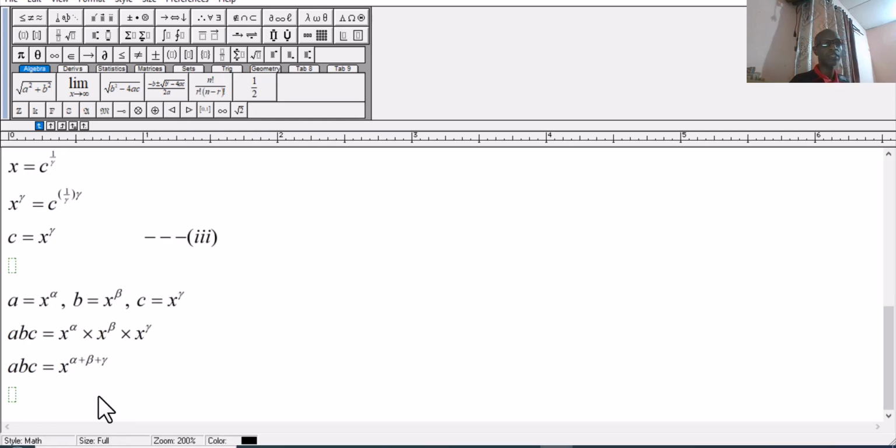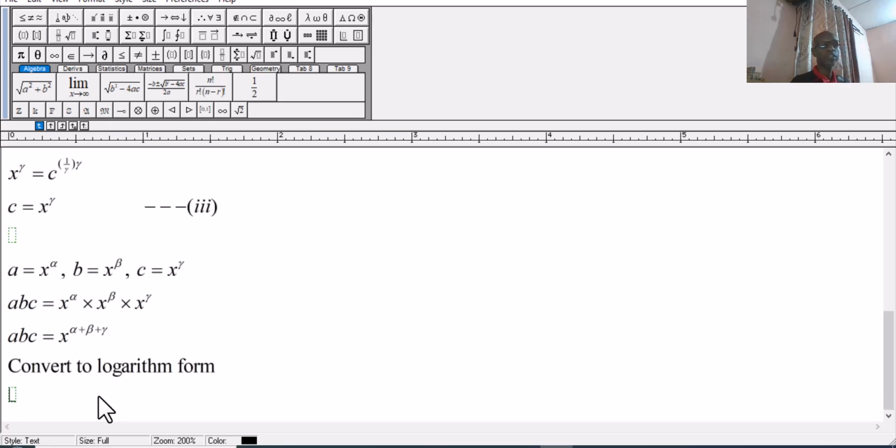Now we can convert to logarithm form. So we are going to convert this to logarithm form.